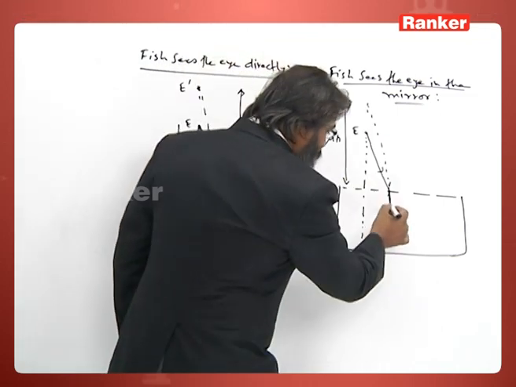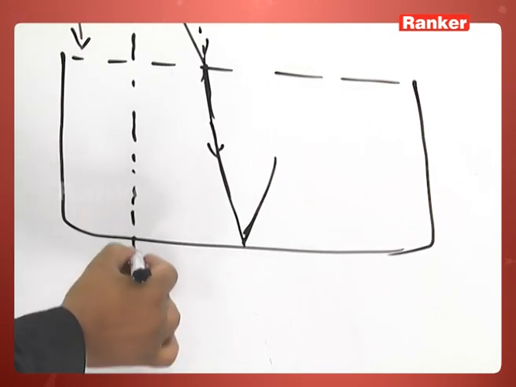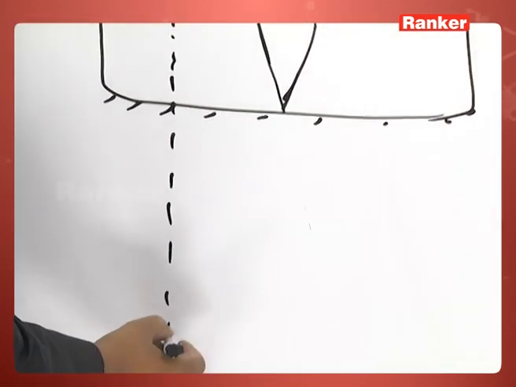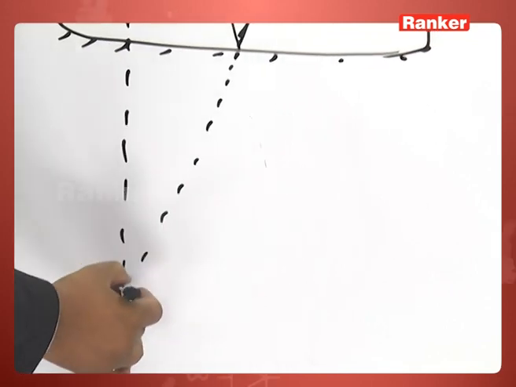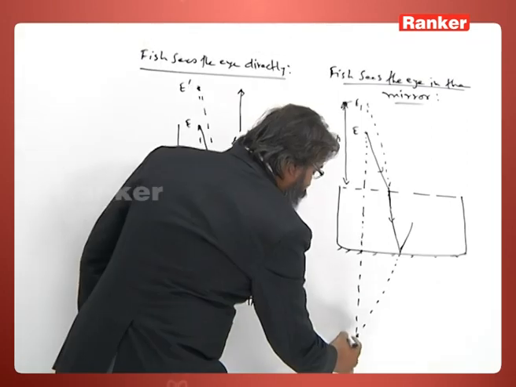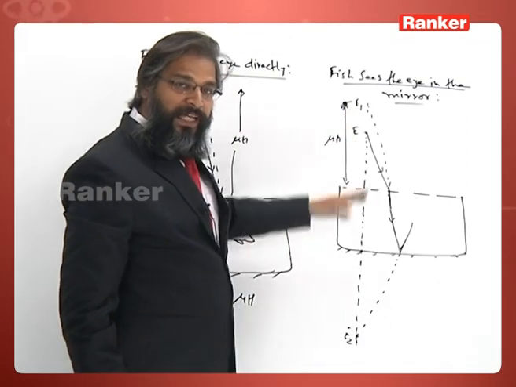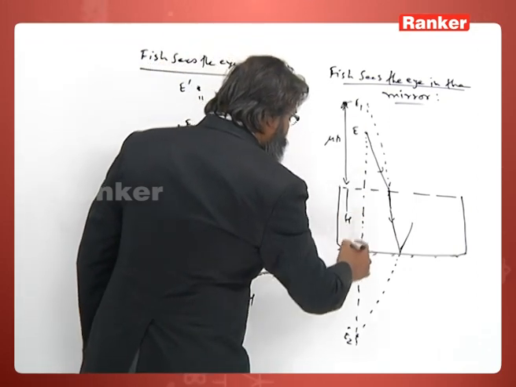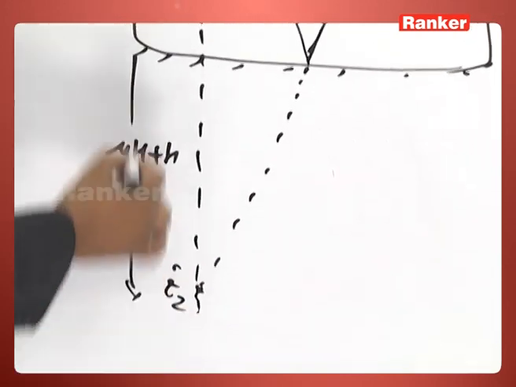Now, this ray here reflects, and if I extend it, this is a plane mirror, then it seems to be coming from this point. This is E, this is E1, and this is E2. E2 is the image of E1 in the plane mirror. So, this is mu h, this is h, so this is mu h plus h distance.